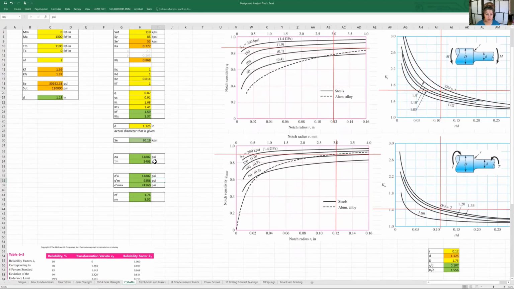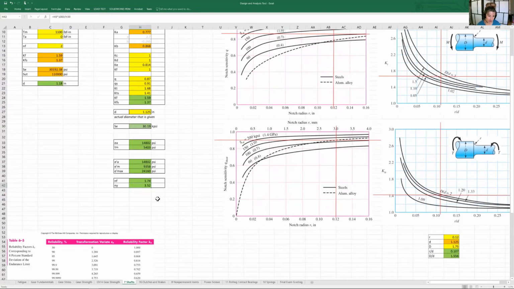So you can change it earlier, or I just change it down here, or make sure that all the units are matching. So for NF, you'll see that sigma prime A is entered in as PSI, but then I'm dividing that by SE times 1,000, and same thing, sigma prime M divided by SUT times 1,000. So just make sure your units match up. Seems simple, but I can't tell you how many times I have diagnosed that error in these tools. All right, so we get 1.74 for our fatigue factor of safety.